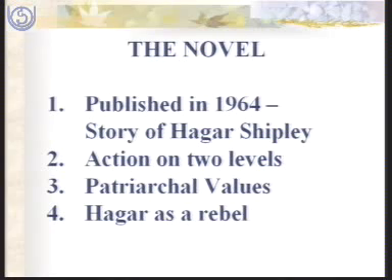Now, the action of this novel takes place on 2 levels, the past and the present. Although the present takes place during the span of a few days, maybe a week or so, the whole past, through a series of flashbacks, is brought into the present.